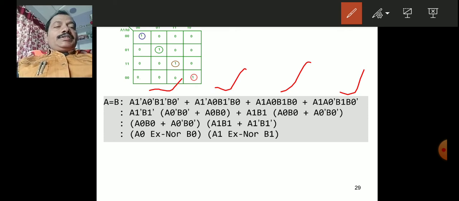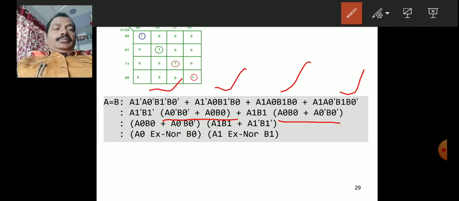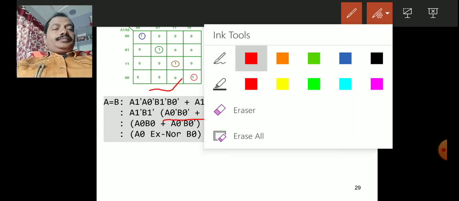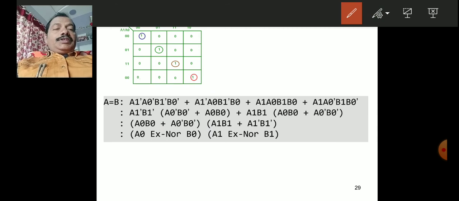And once that is available, if you observe these two terms, both are the same, you take common this term, and you are left with this expression. So this expression is available now.